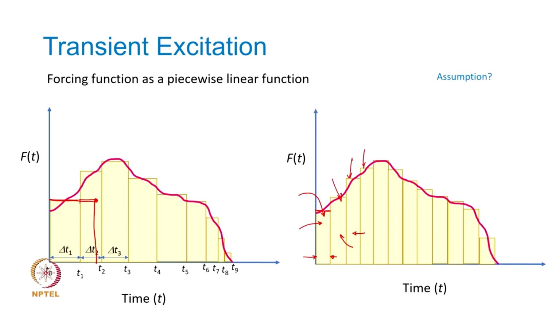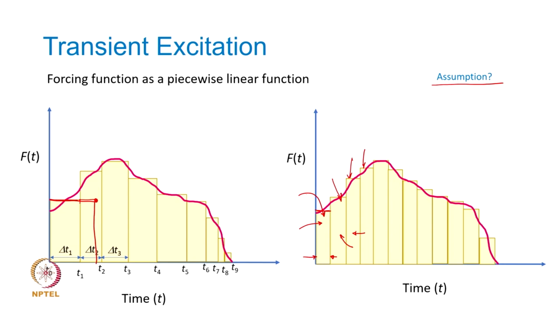So, the assumption that we are going to use in getting the response is that the system is linear and that the individual impulse responses are simply added together algebraically.